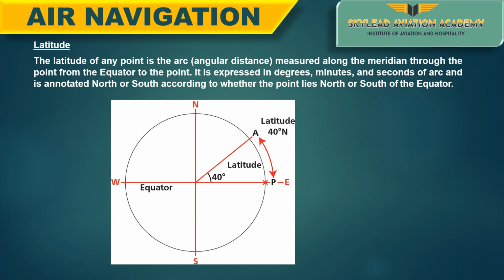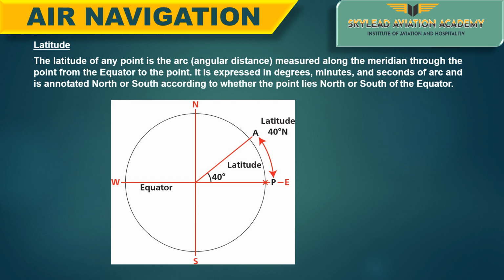So guys, just imagine you are looking at the earth sideways on from space. That is the North Pole, which we have given in the figure as N. The North Pole is at the top of the diameter. The angular distance between where the meridian of A crosses the equator, point P, and point A is 40 degrees, and the latitude of point A is 40 degrees north.